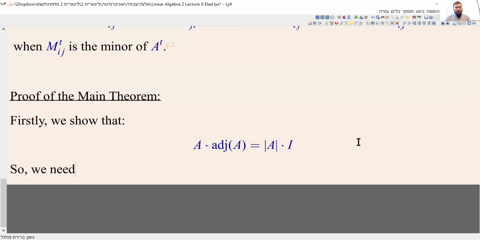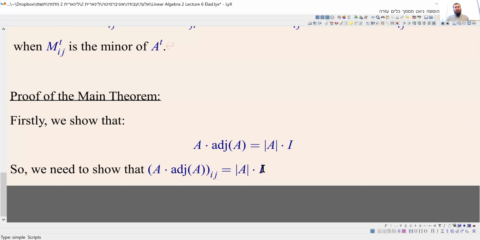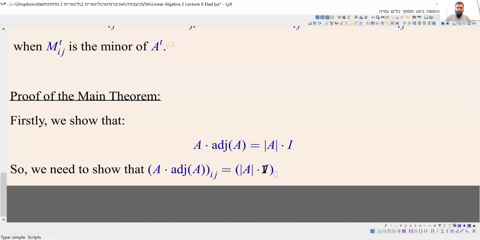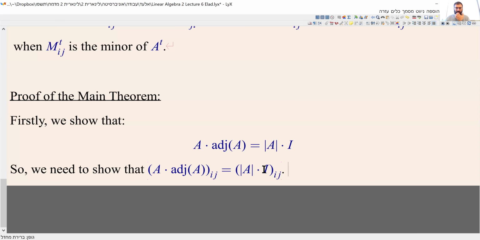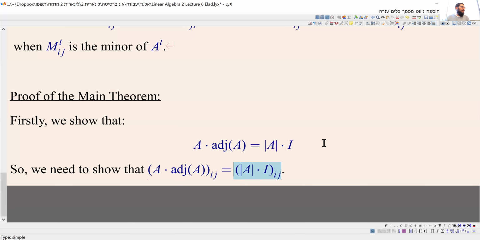We need to show that the ij element of A multiplied by the adjugate matrix is the ij element of the determinant of A multiplied by I. We know what the elements of the matrix on the right-hand side are.